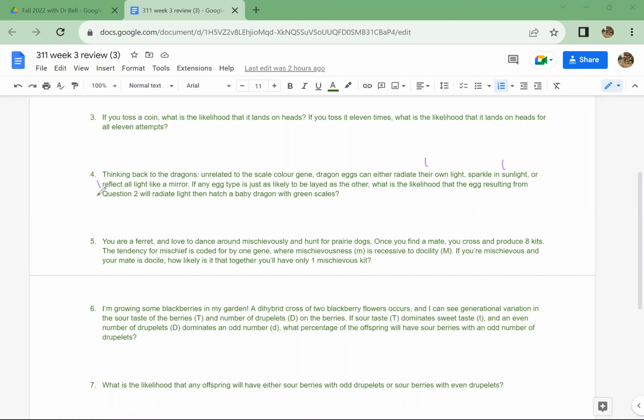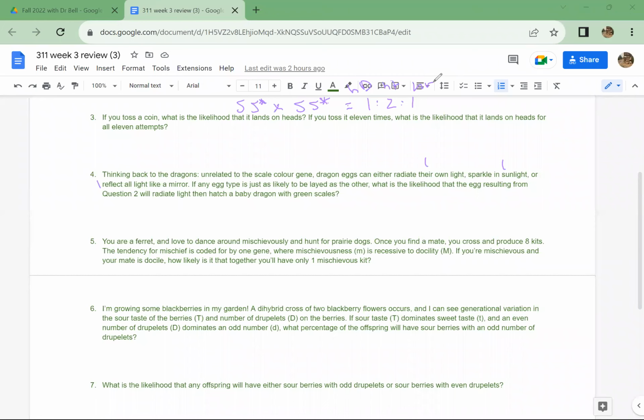And so if that is the case, what is the likelihood that the egg that we got from question 2 up here, which was the cross between 2 heterozygotes, 2 carriers, which we remember had that ratio of 1 to 2 to 1, where 1 was homozygous dominant, 2 was heterozygous, and 1 was homozygous recessive.